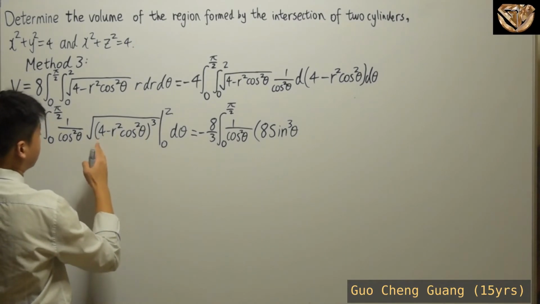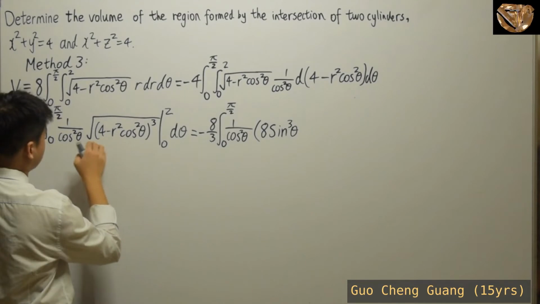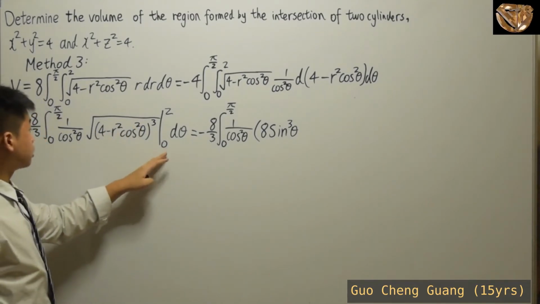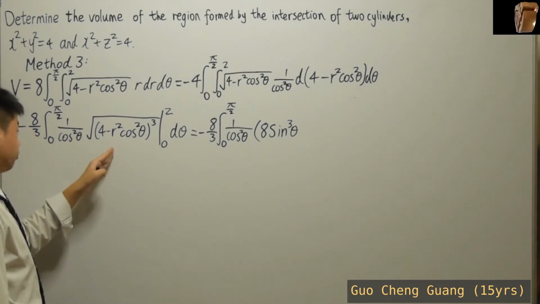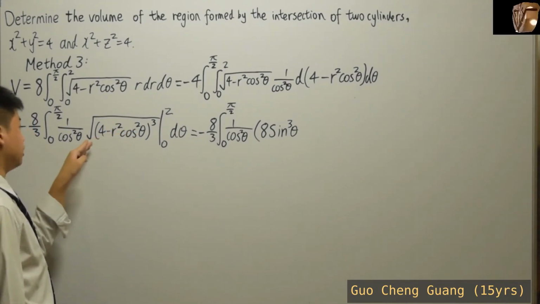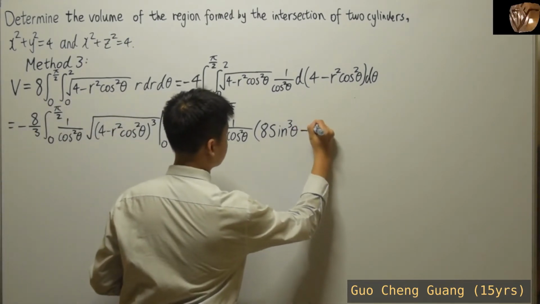For the rest, you have a 1 minus cosine squared theta, which becomes a sine squared theta, which goes through a square root and a cube. And at last, you're just going to have to put in 0, which means this part behind is 0, and you just have square root of 4 cubed, which means you have minus 8.